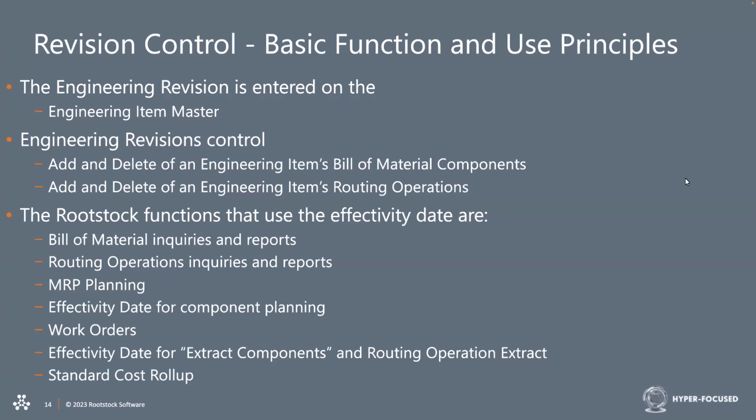It impacts supply chain, since the bill of material tells us which components we need to plan and procure. As far as quality, it tells us which quality items need to be inspected. So the BOM really goes across the entire footprint of the Rootstock ERP solution.